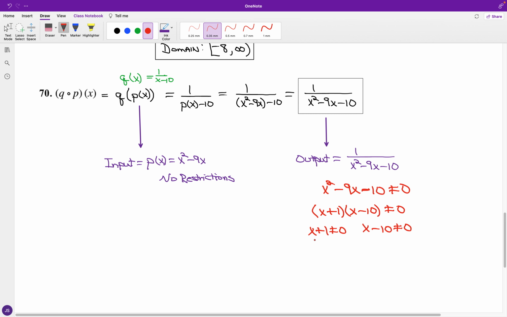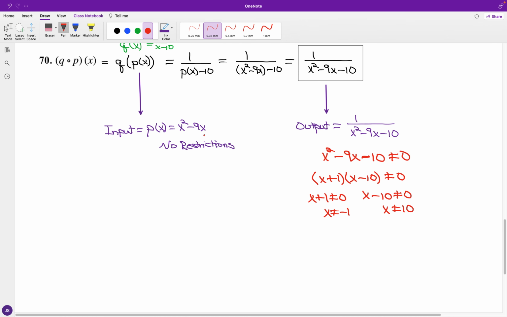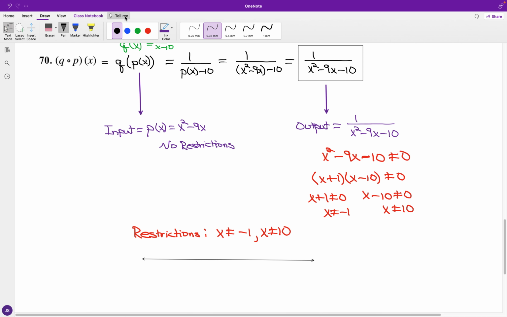So looking at the restricted values, if x plus 1 cannot be 0, x cannot be negative 1. And for x minus 10, if that cannot be 0, x cannot be equal to 10. So looking at the input and the output, nothing is restricted from the input, but for the output, negative 1 and 10 are excluded.